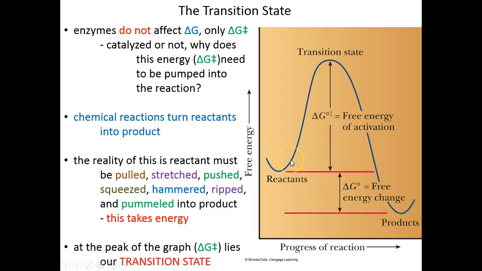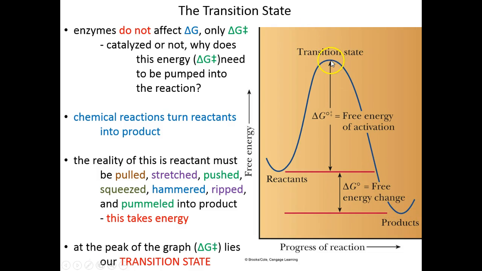I'm going to pull on it, which takes work, and hammer it, and squeeze it, and pummel it, and stretch it. All that takes energy. And I'm going to get it to a point where it's barely holding on to itself, and once I get it up here, that molecule is going to crack and collapse into what I want it to become, which is product.